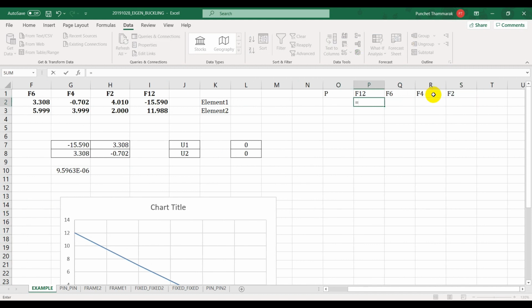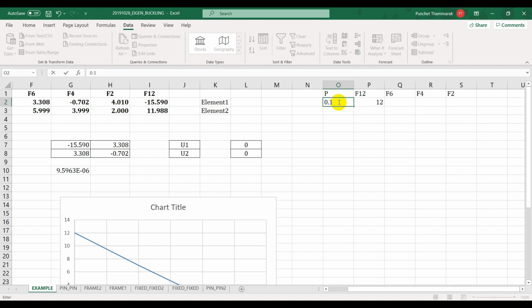F12 is equal to 12 multiplied by EI over L square, minus P multiplied by 1.2. If you look back, one matrix is 12, another matrix is minus P multiplied by 6 over 5. 6 over 5 is 1.2. So P multiplied by that 1.2.